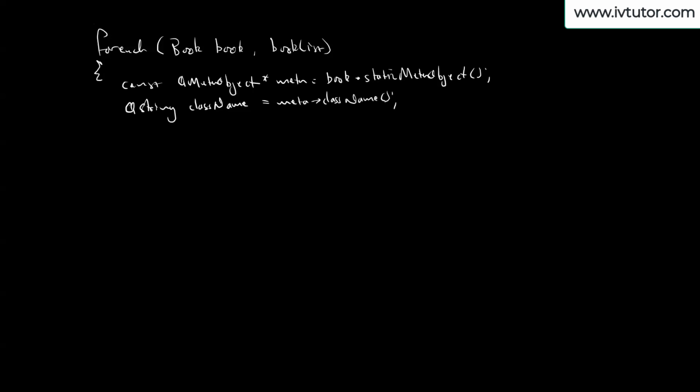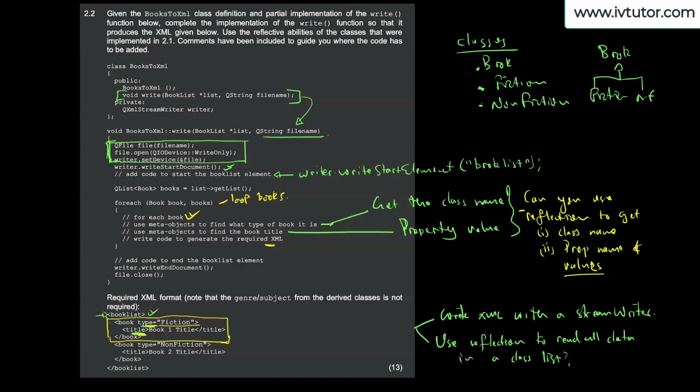Now you want to get the book title. Now, in this case, we only have the title of the book. But remember, when generating XML, we don't assume that we know what the property name or value is. So within your XML, title is the name of the property. This is the value of the property.